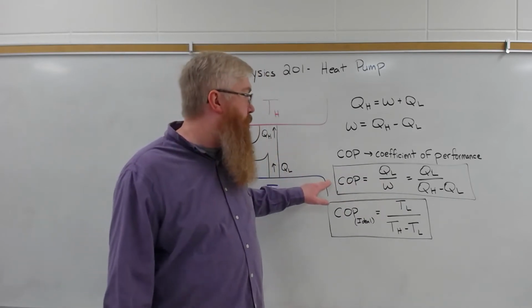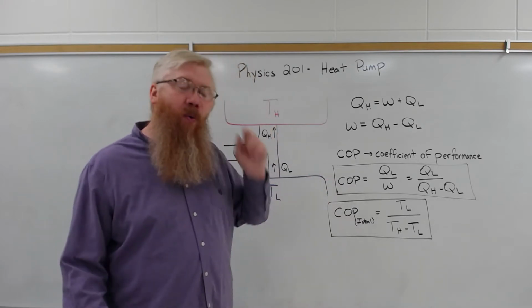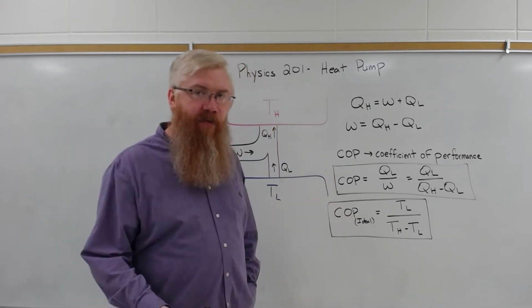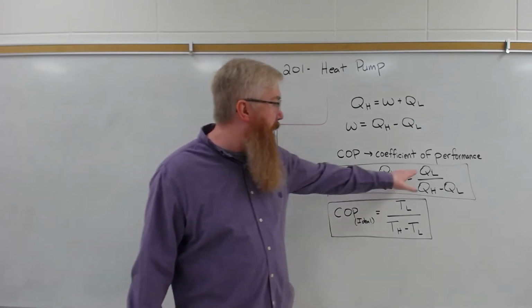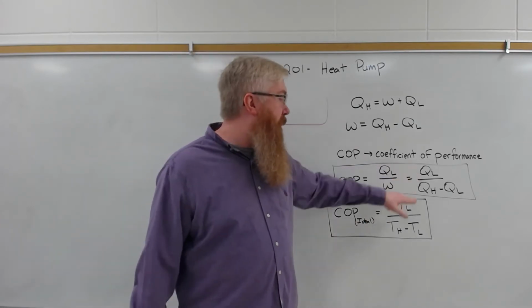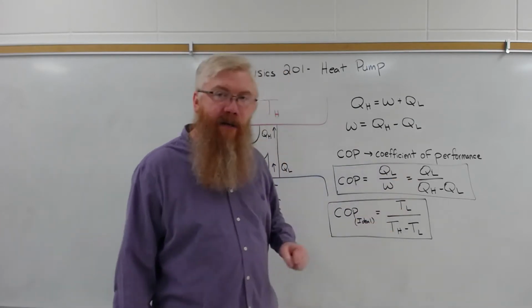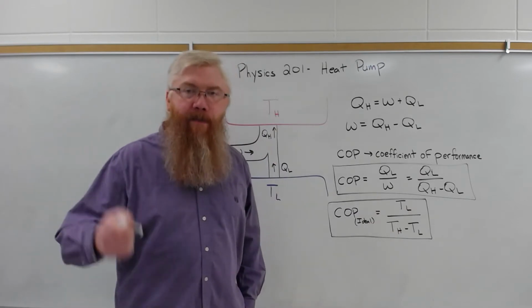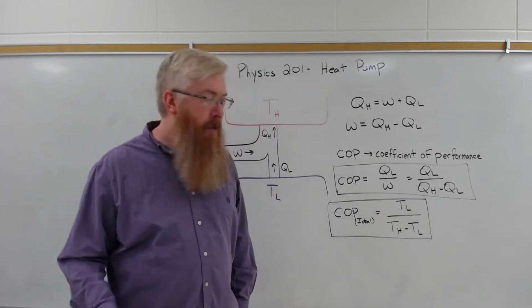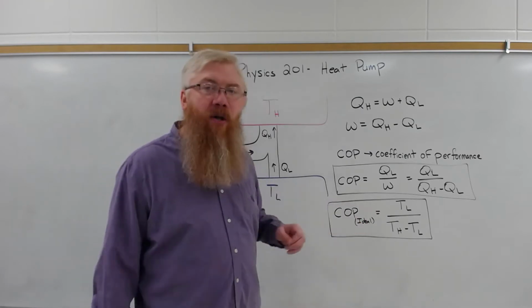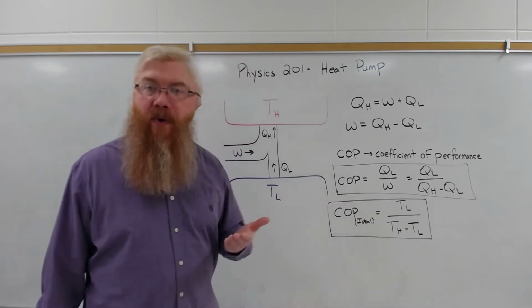This is generally true. If you want to know what the ideal coefficient of performance is, you can replace, as we did before, Q sub L with T sub L, Q sub H with T sub H, again, assuming temperatures are in Kelvin, and you can come up with an ideal coefficient of performance for a refrigerator.